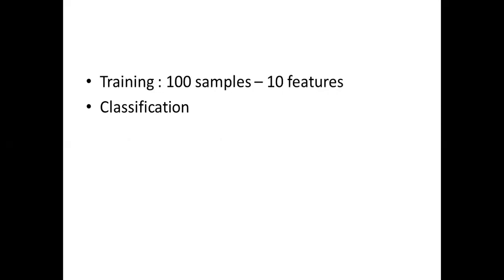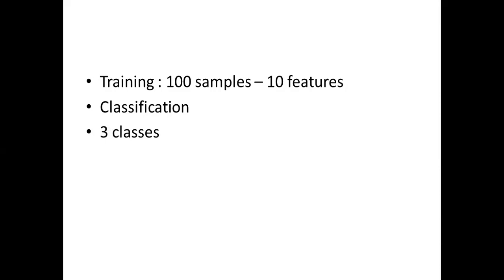Classification means that if I'm taking my training data of 100 samples, then I know which of these 100 samples belongs to which category. Classification means that I want to divide these 100 samples into three classes.